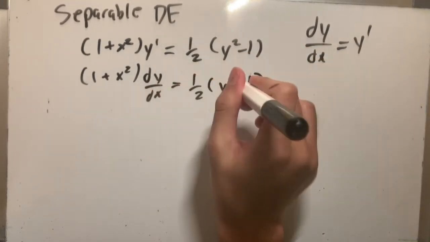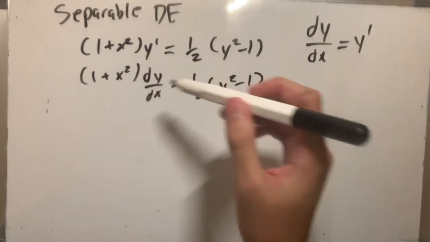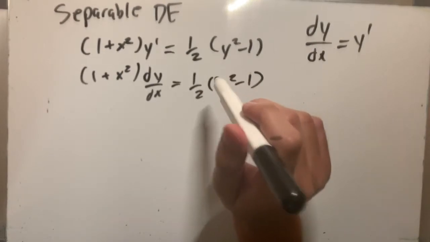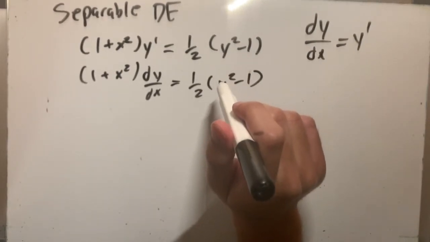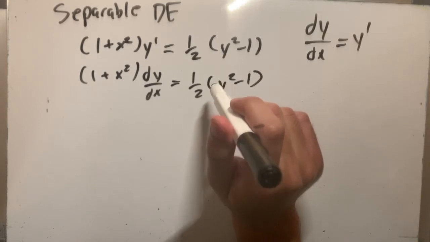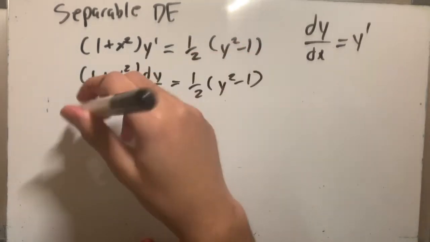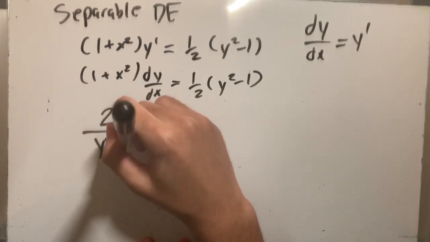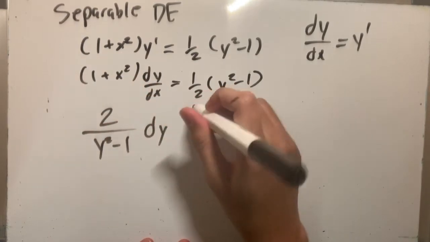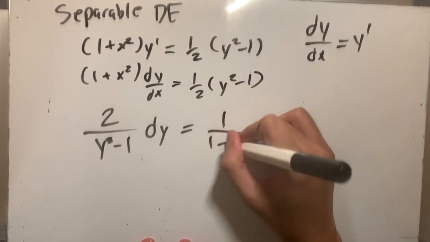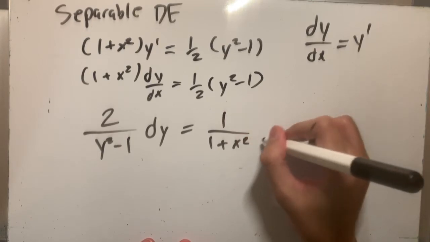Now what we can do here is put all the dy's and y's on one side, and the dx and x's on the other side. I'm just going to solve it out quickly. It'll be (y squared minus 1) dy is equal to 1 over (1 plus x squared) dx.